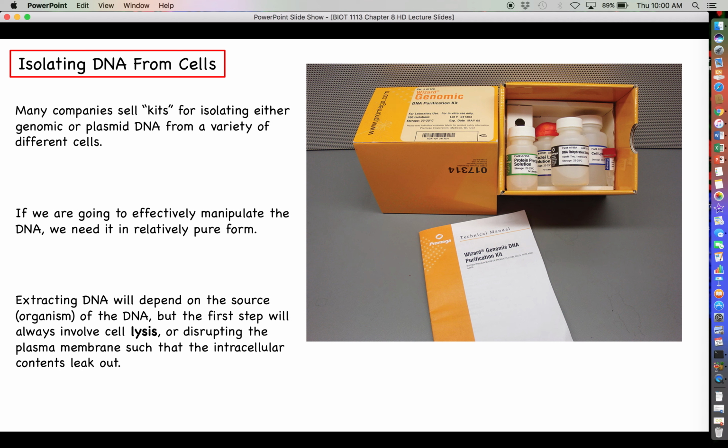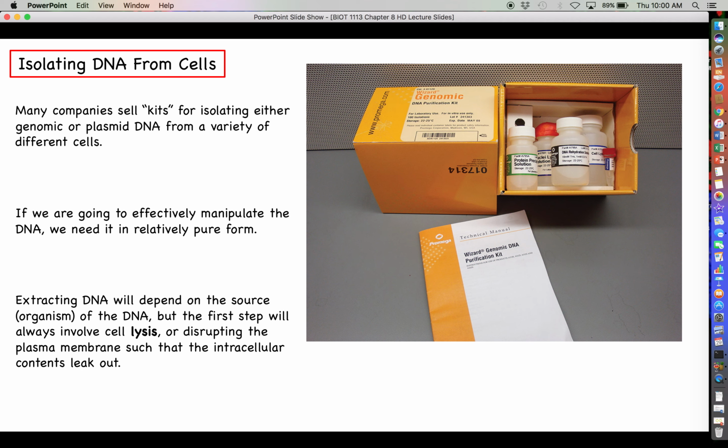And then the method of extracting the DNA: I mentioned several different types of cells that you can extract DNA from. The method is going to depend a little bit on where the DNA is coming from and whether it's genomic or plasmid DNA. We'll talk about that later, but the first step is always going to be the lysis of the cell, meaning that we are going to greatly disrupt the plasma membrane.